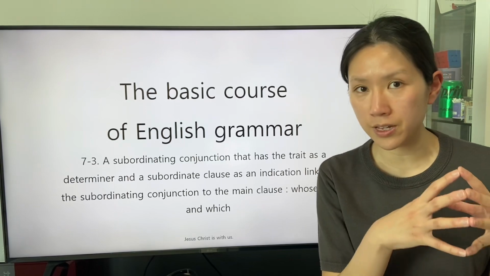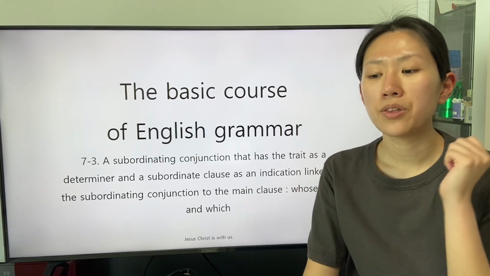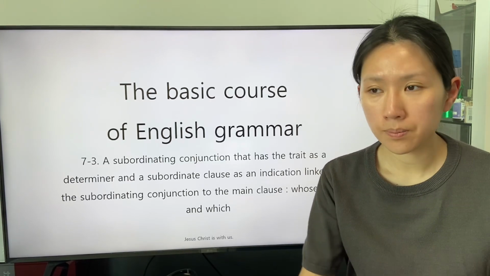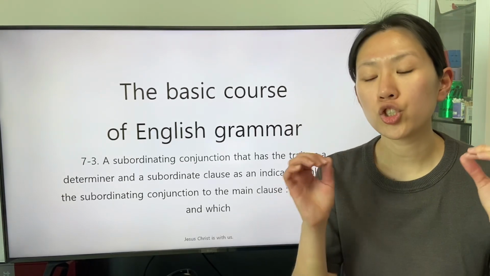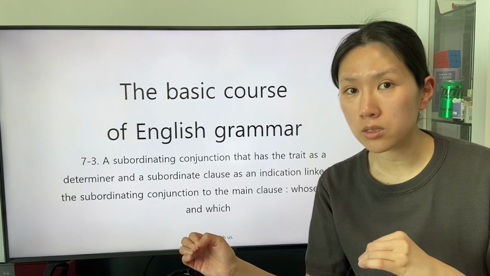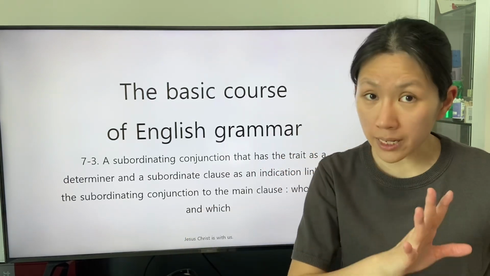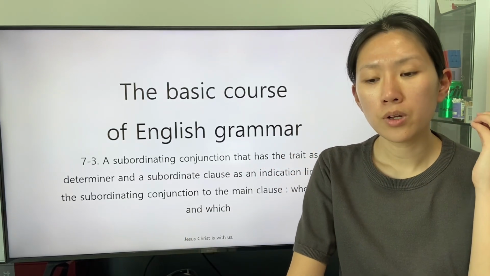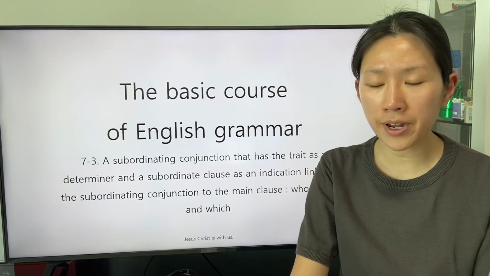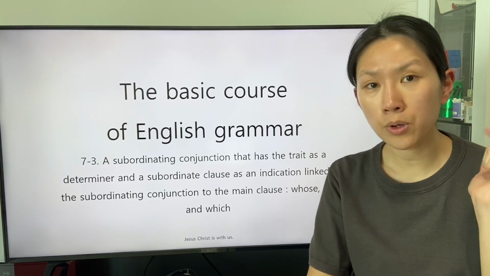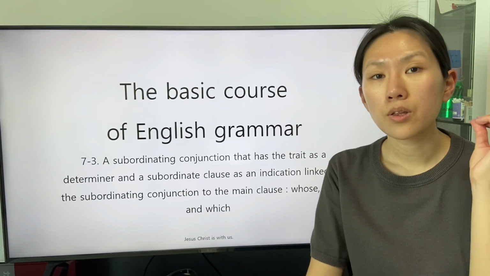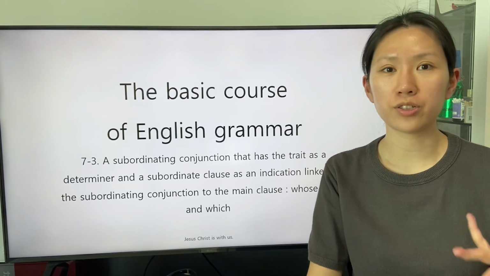The interrogative determiner and the noun or pronoun is applied to link the subordinate clause to the main clause. So from that point, the interrogative determiner whose, what, or which becomes the subordinating conjunction.